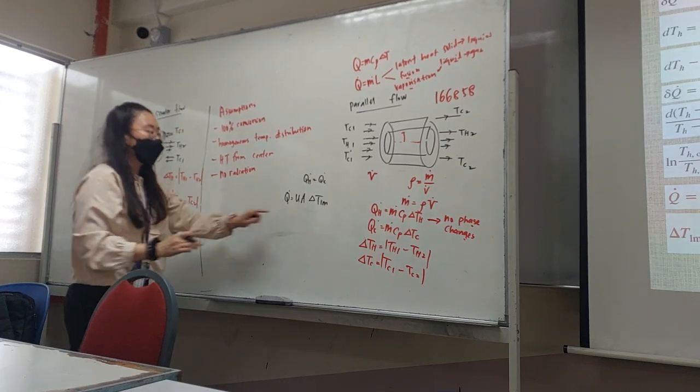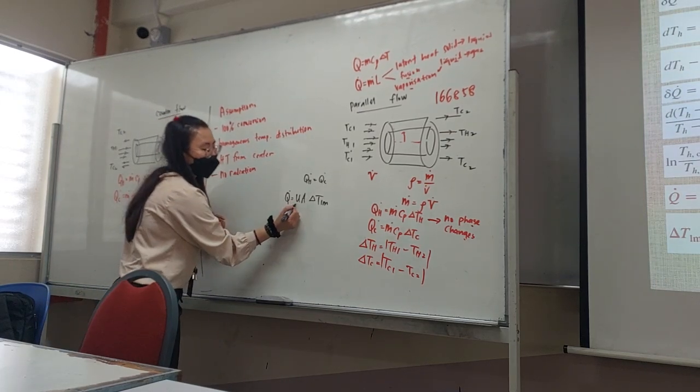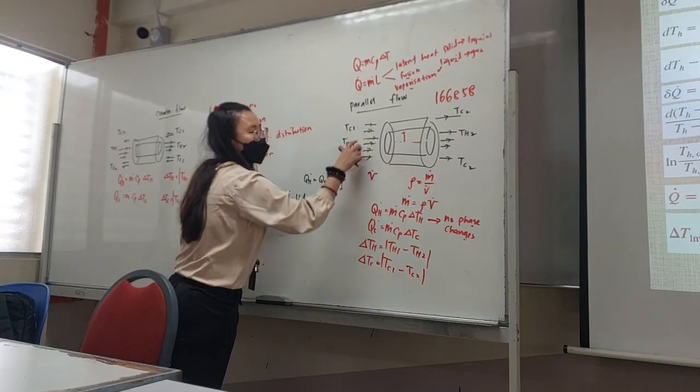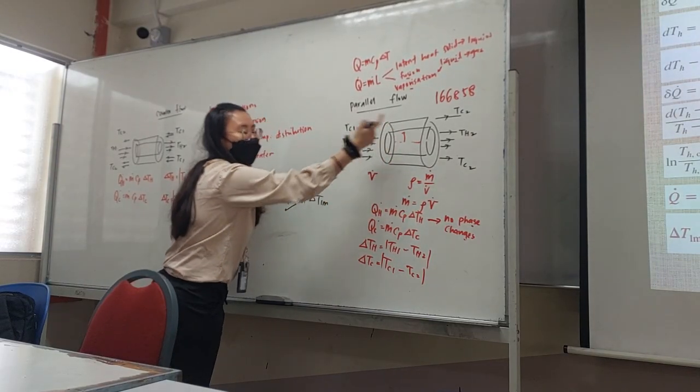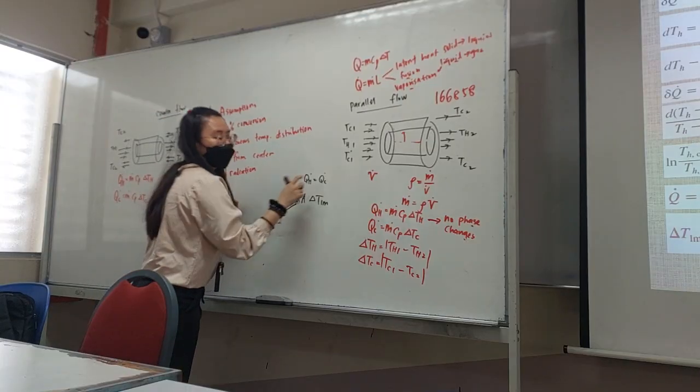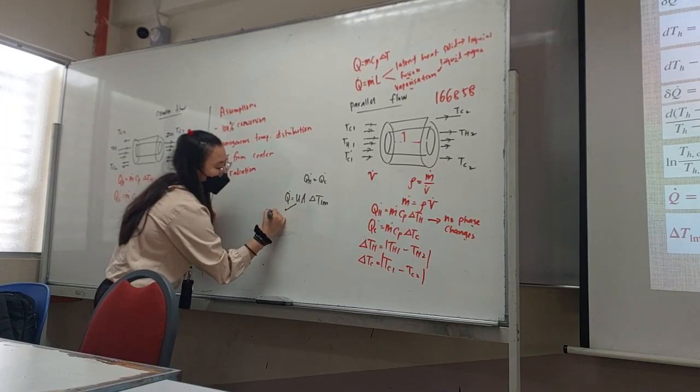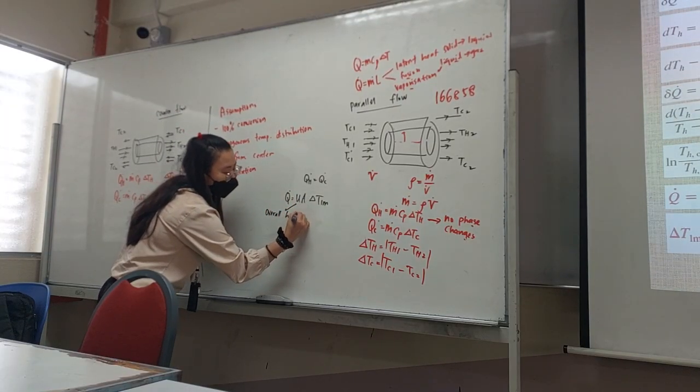Like I mentioned already, the overall heat transfer coefficient consists of the convection and the conduction inside the system, which are simplified already.